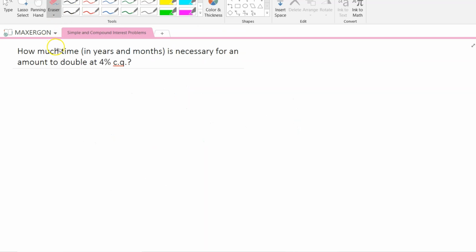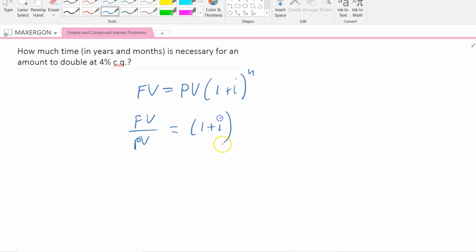How much time in years and months is necessary for an amount to double at 4% compounded quarterly? We are looking here for the n. So we need the formula for n. Now let's remind ourselves how to get that formula. So future value is present value times 1 plus i exponent n. So we can do future value divided by present value equals 1 plus i exponent n.